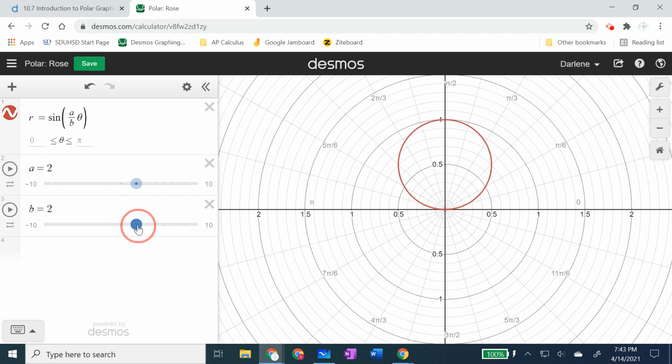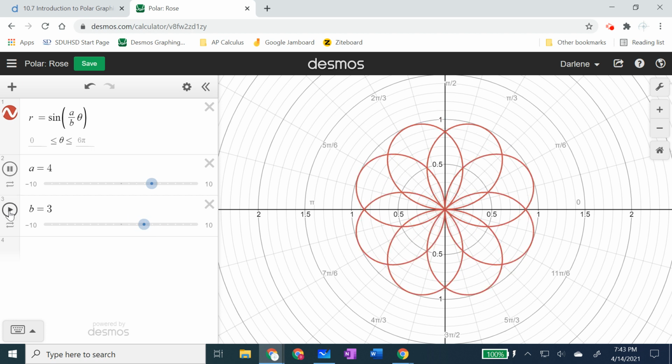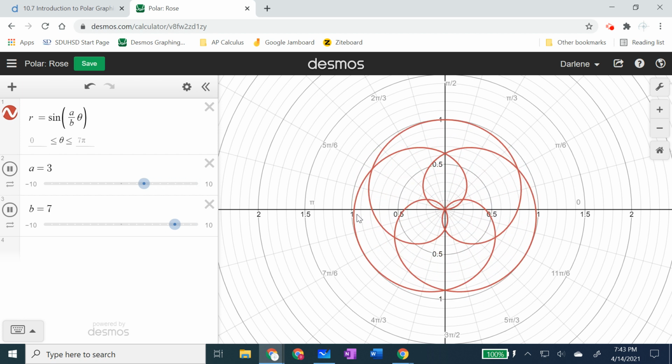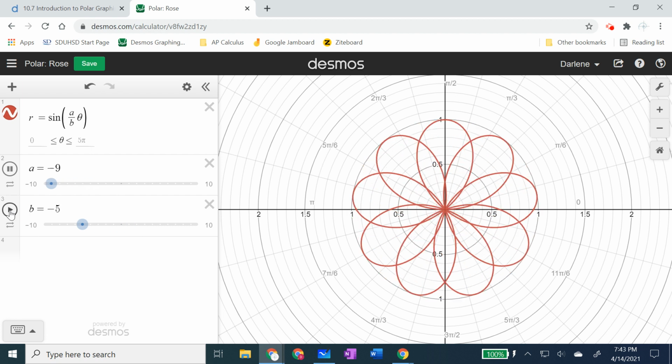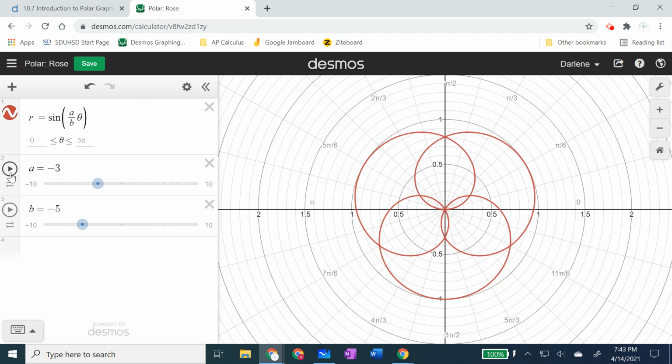And this is really exciting to just let it go and play with. Now, if it looks like some of these are not fully formed, it's because I'm not giving it enough time. All of these are rose curves. You're really only expected to know how to deal with them if this is a fraction, and that's it.